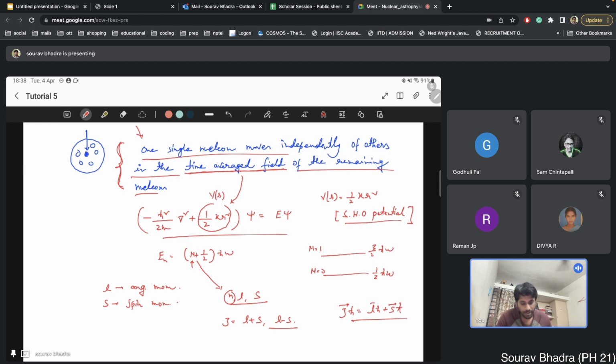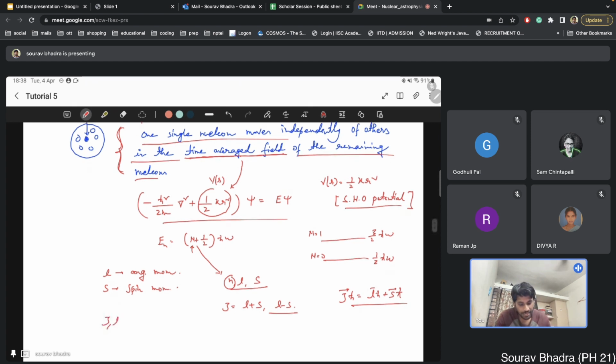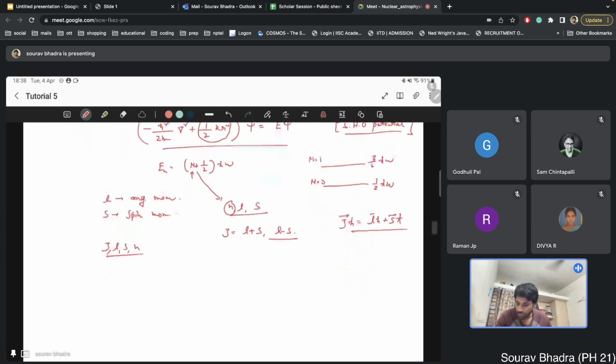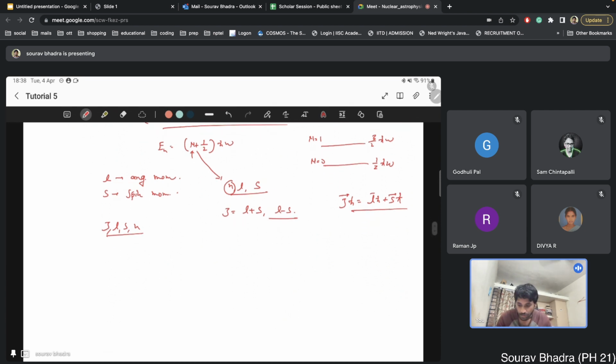Now we have J, L, S, N, everything, and we can write the state of a particular nucleon like this: your N, and it will be L, and it will be J, right? If I am wrong, just tell me. I have also forgotten this.